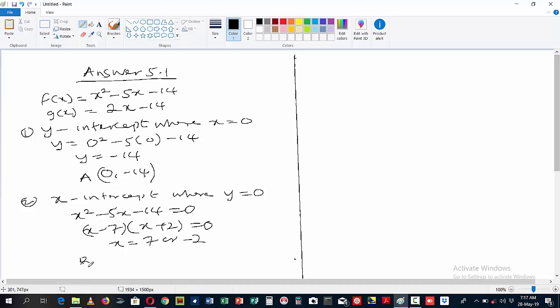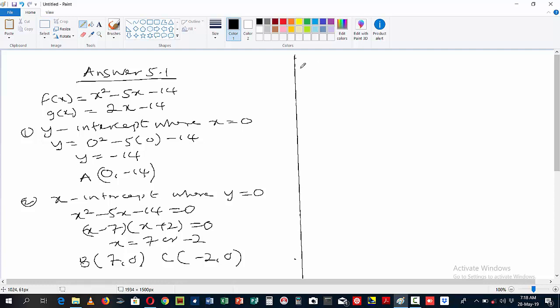Coordinate B is (7, 0). Coordinate C will give us (minus 2, 0). We have coordinate B, which is x equal to 7 and y equal to 0. Then we have x equal to negative 2 and y equal to 0.